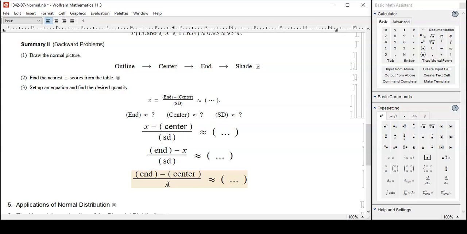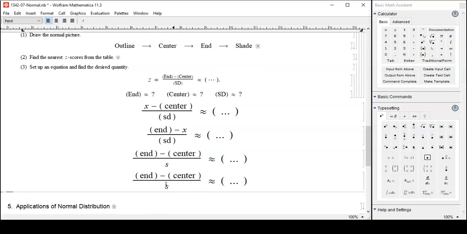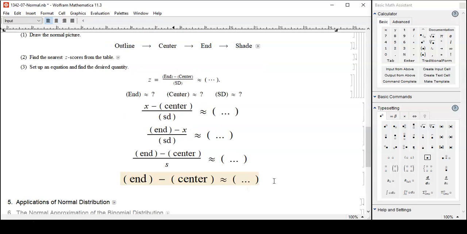Will that cause a bit of trouble? No, not really. Multiply s to the other side. Then you're going to get this. So multiply s to the left-hand side, the denominator disappears. To the right-hand side, we get that.